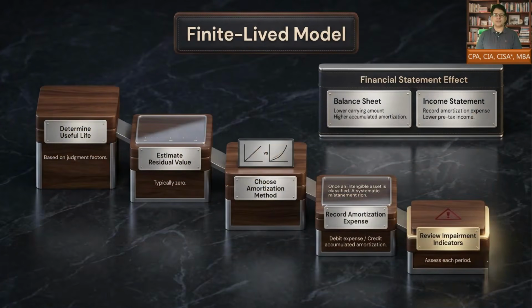Once an intangible asset is classified as finite lived, the amortization model begins. First, determine the useful life. Second, estimate residual value, which is usually zero unless there is strong evidence otherwise. Third, choose the amortization method.